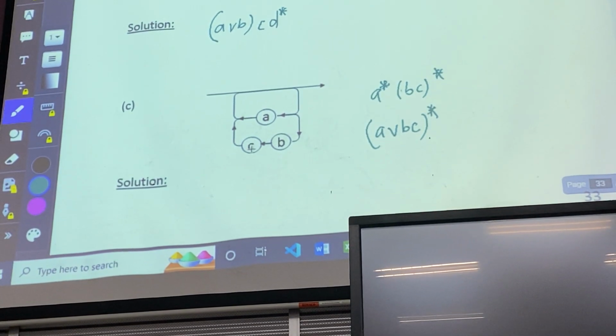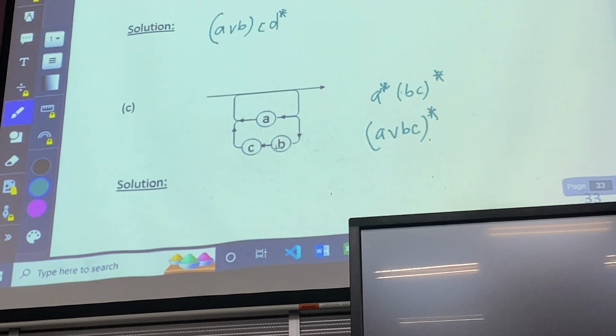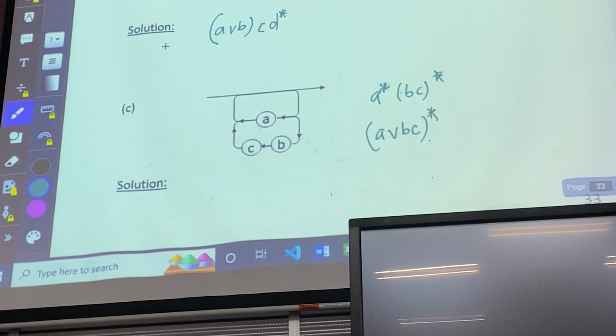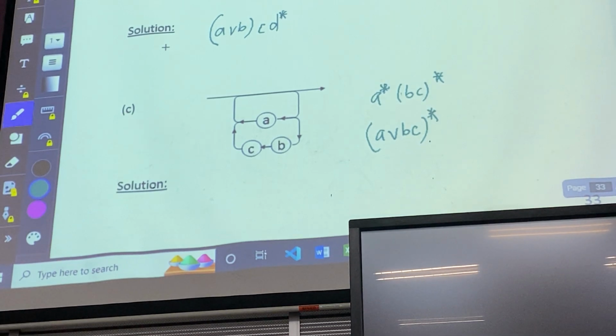So every time you loop, you can only choose either A or BC. Either one. So these two, you need to put in a bracket and then loop. Okay? Understand? Okay, so we stop at this part first. The last part we will continue next week.